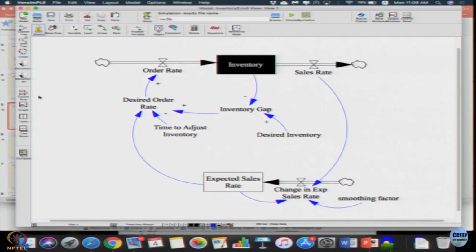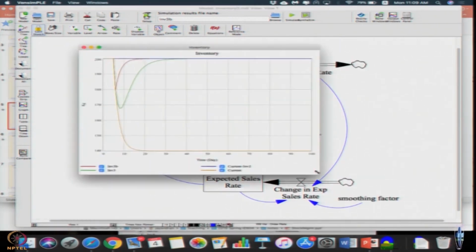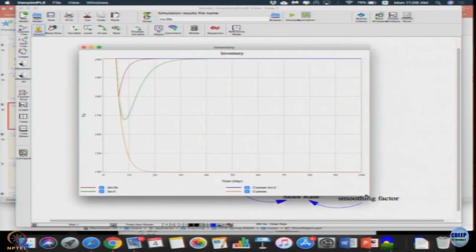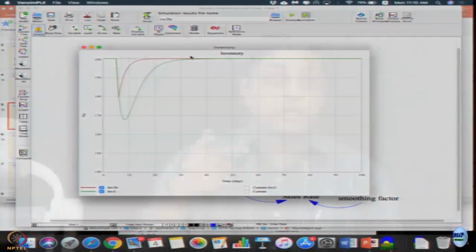Let us look at inventory. You can observe inventory has a sharp fall and then immediately starts to rectify much earlier. When the smoothing factor is higher, you are quickly reacting to recent changes. Whether that is desired or not depends on the scenario, but in this particular case it results in reaching your desired level of inventory much earlier.